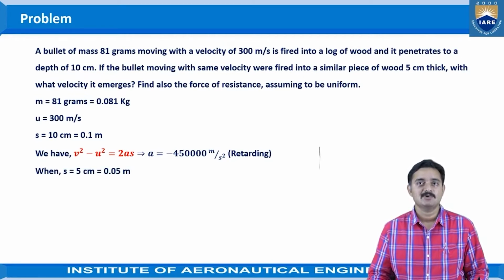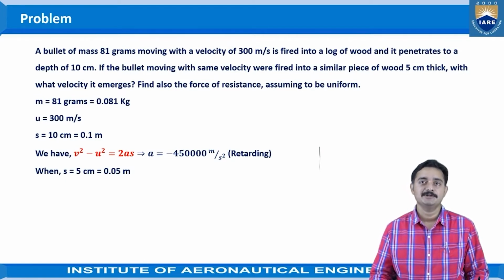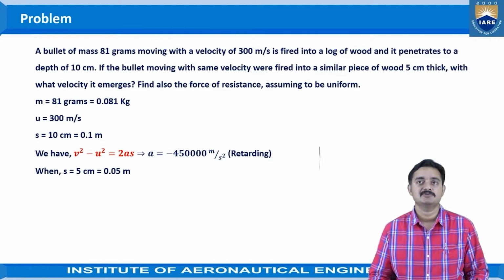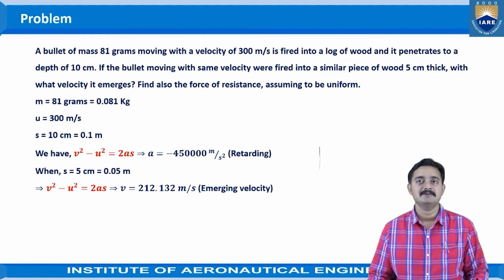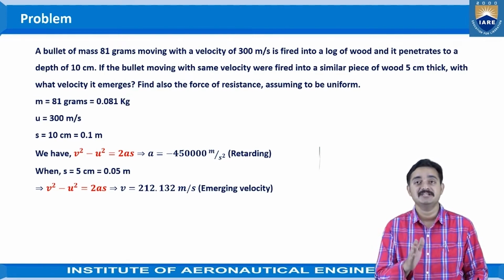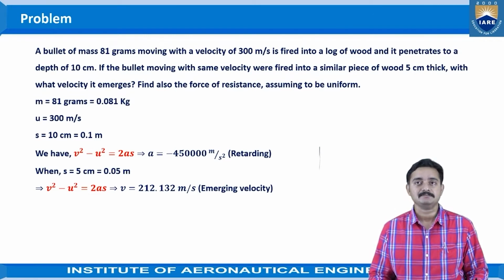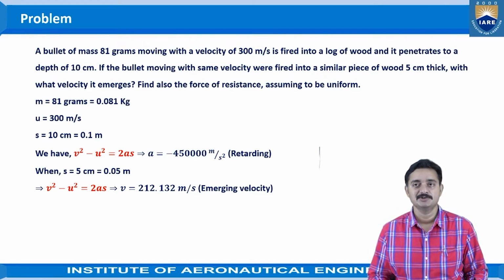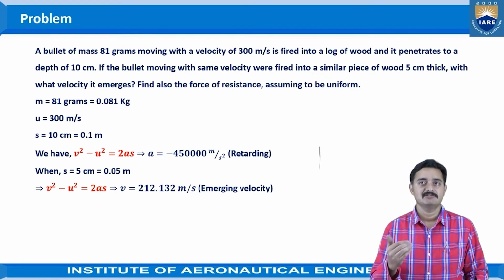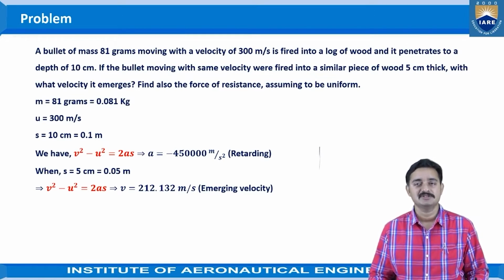And in the second case, what is happening? We are firing the same bullet into a 5 centimeter thick wood. So when s is equal to 5 centimeters, that is 0.05 meters, if we apply the same equation of motion, v square minus u square equal to 2as, we will obtain the velocity with which the bullet emerges. The initial velocity is 300, the final velocity we need to identify, the distance is 0.05 meters, and the acceleration we have just calculated as minus 4,50,000 meters per second square.